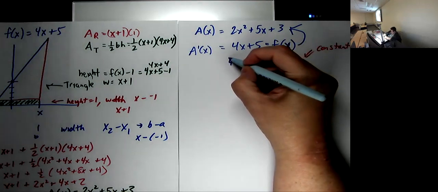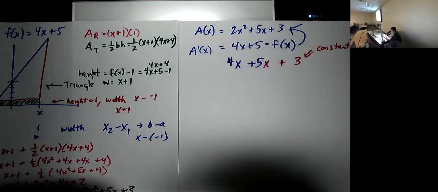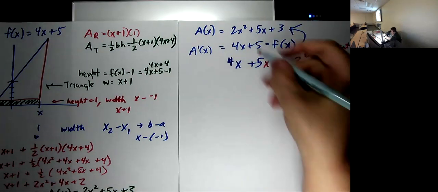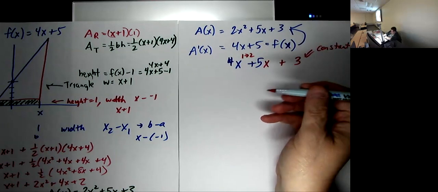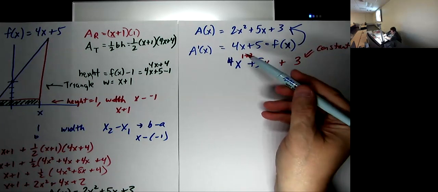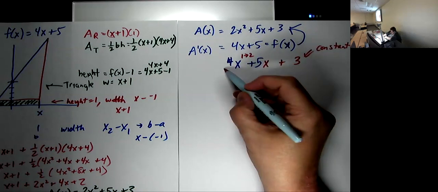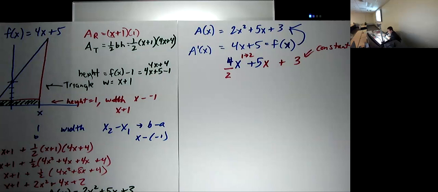We had 4x, and it looks like the x went from the first power up to the second power, and in the process, we divided by 2. That's knowing what A of x looks like ahead of time. That would get me 2x squared plus 5x plus 3.